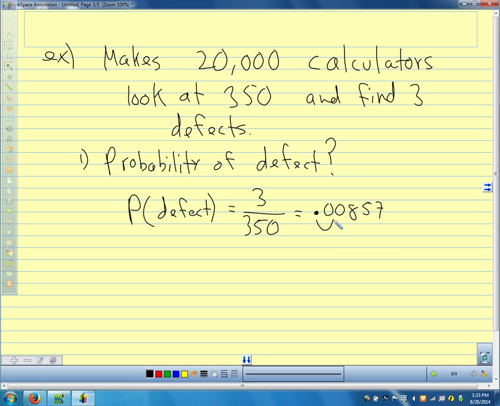So I'm going to move the decimal over 1, 2. And this equals 0.857%. So we have a 0.857% chance of a defect based on our experiment, based on picking these up. Yes?